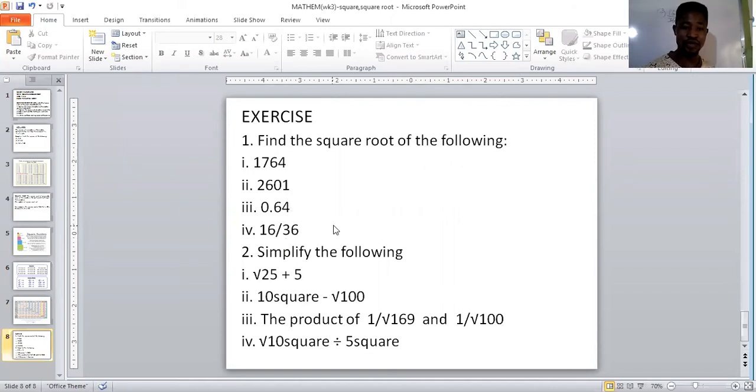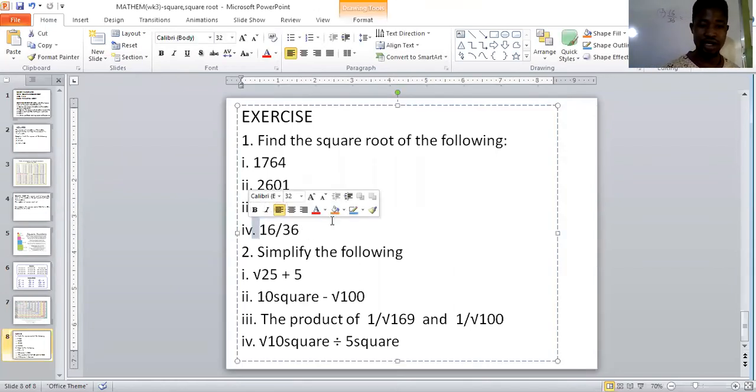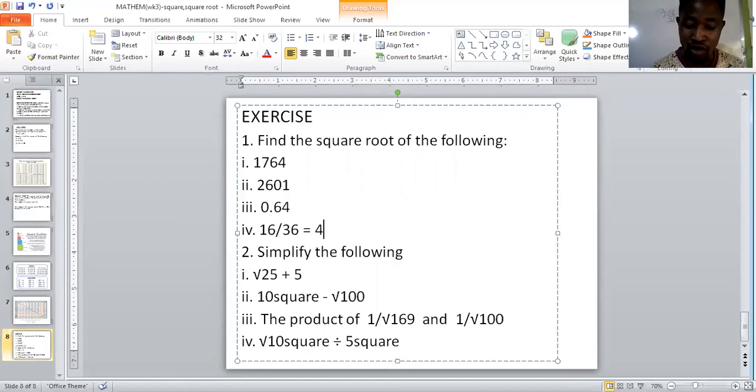Let me do it here. Class, can you tell me what the answer is? The answer is, drum rolling, square root of 16 is 4 over, where's my slash?